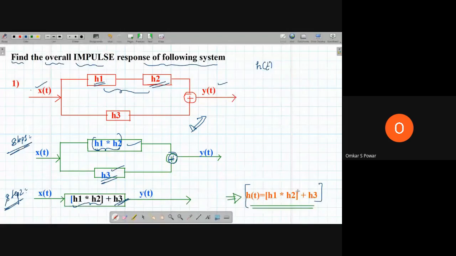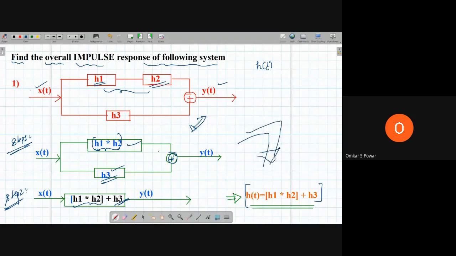We will see this sum once again. There is input x of t, output y of t, and you have h1, h2 and h3. If h1 and h2 are in series, you convolve them, and you write step by step. Then h3 is in parallel, so you have to add that. Easy, right? If this comes, it's a bumper for you.